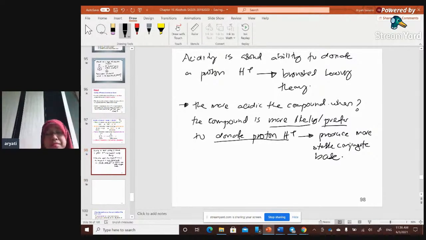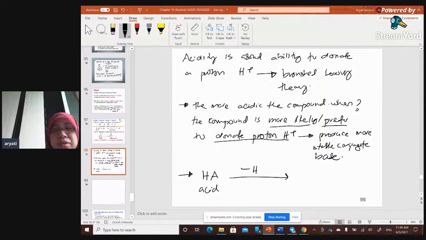Kalau kamu ada acid, HA is an acid. Kalau dia donate proton H plus, tanda negatif ni maksudnya dia donate proton H plus, so dia akan jadi A minus. Acid when donate a proton H plus, pasangan dia adalah conjugate base.